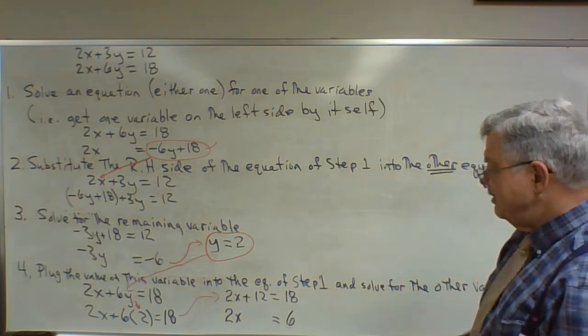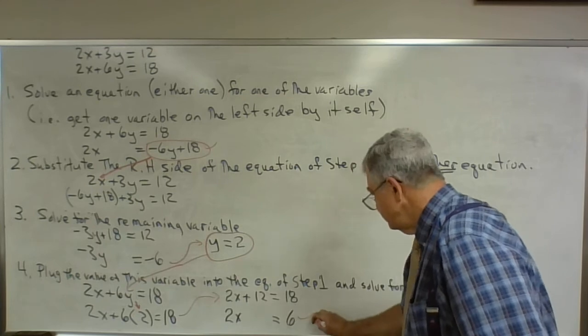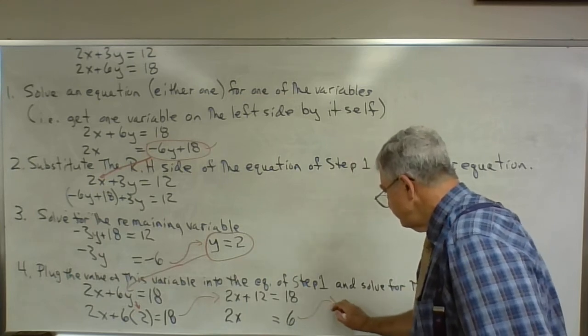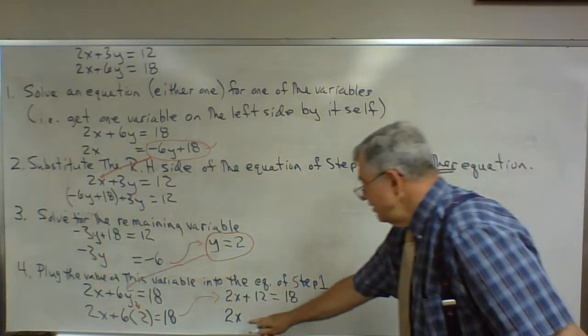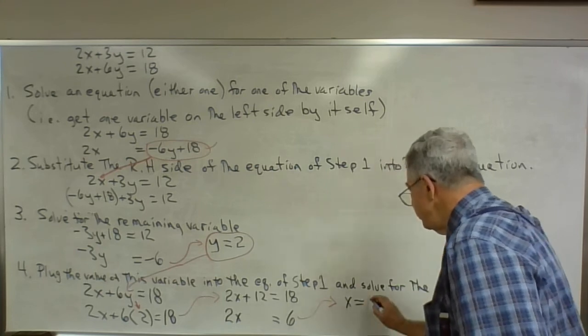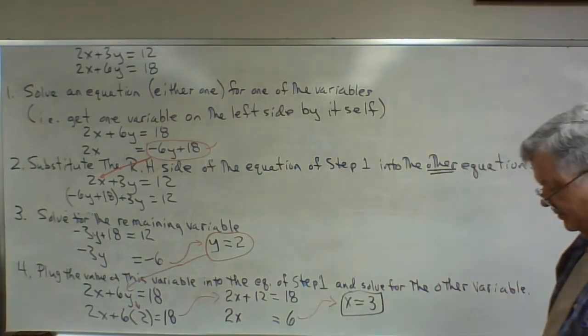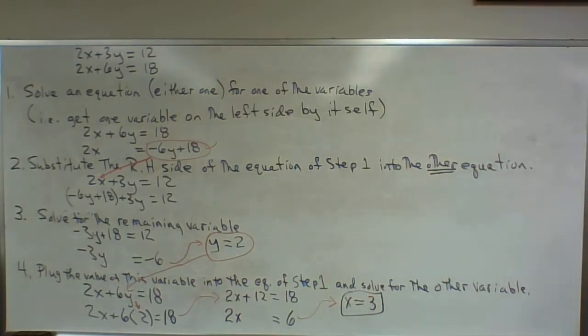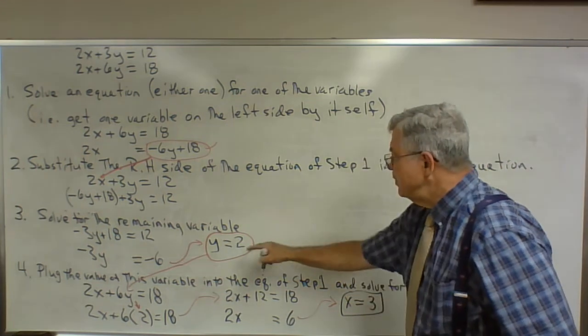The only thing I need to do now to get x is just divide both sides by 2. 2x divided by 2 is x. 6 divided by 2 is 3. So my tentative solution is x equal 3, y equal 2.